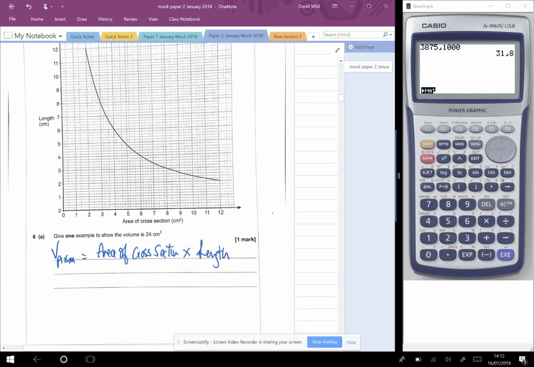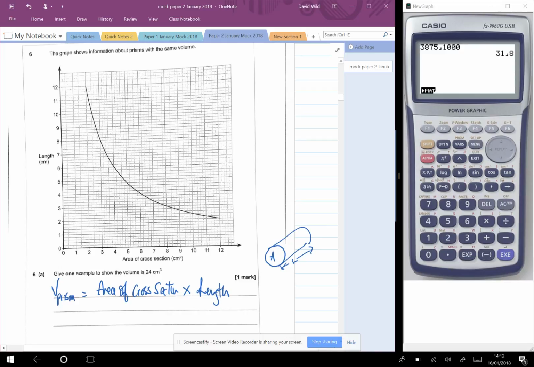So, for example, if you've got a cylinder, this is the area of the cross-section, which is a circle, and the length of the cylinder would be this length, L here, and other types of prisms. Remember, a prism has a constant cross-section, so if I slice this, I'm always going to get a circle. Doesn't matter where I slice it, we'll always get a circle.